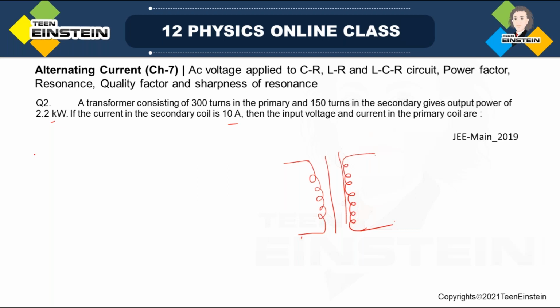So here let us write the options first. See the options first. So options are given as 45 amperes, I'm sorry, not this one.